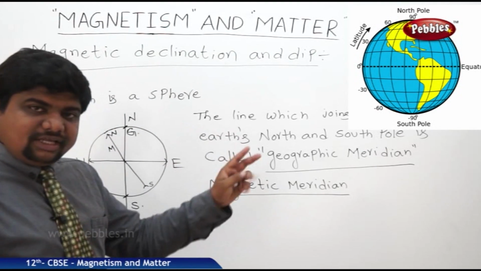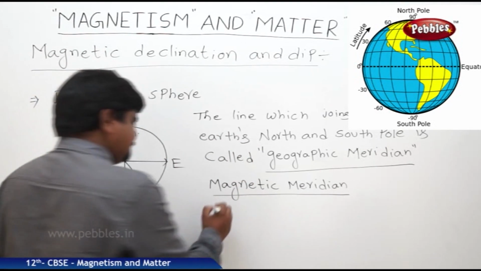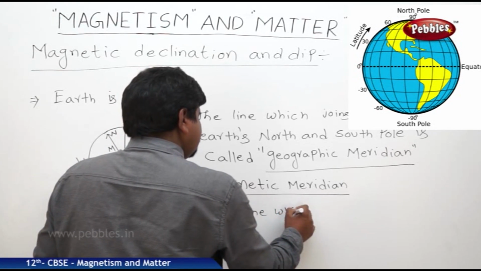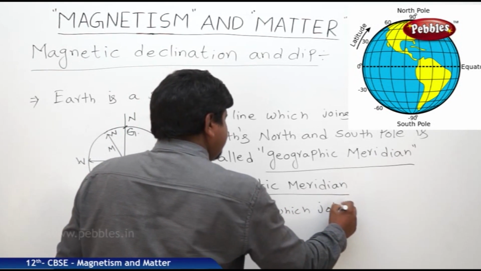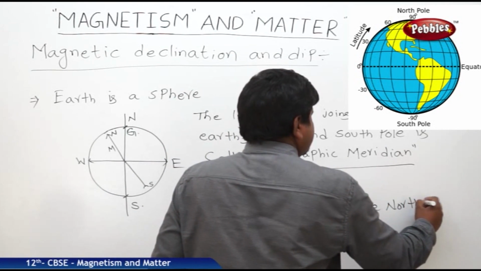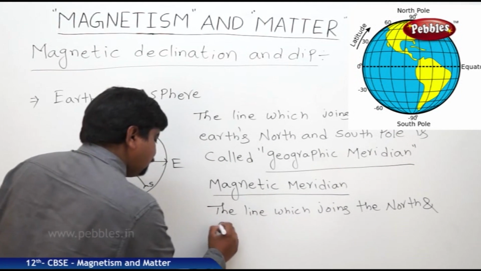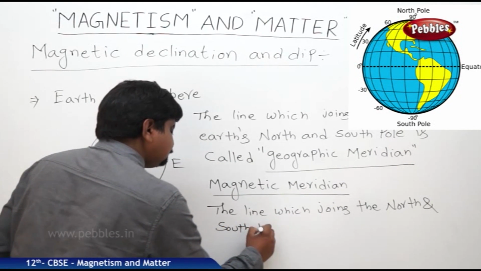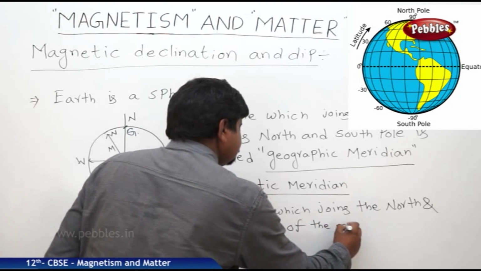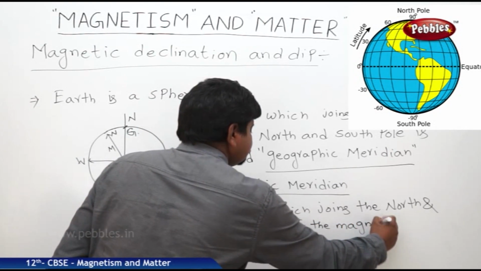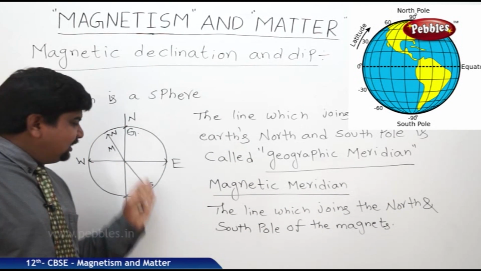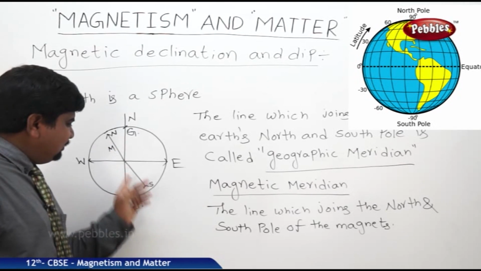So it is the line which joins the north and south pole of the magnet. Whenever a bar magnet is freely suspended, it shows the magnetic field like this.